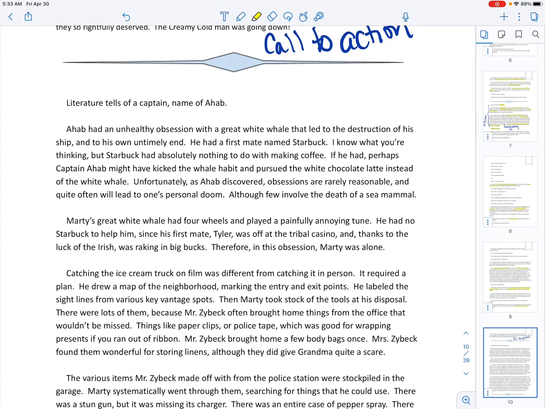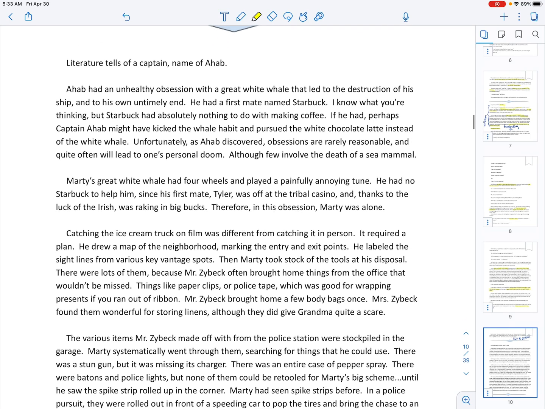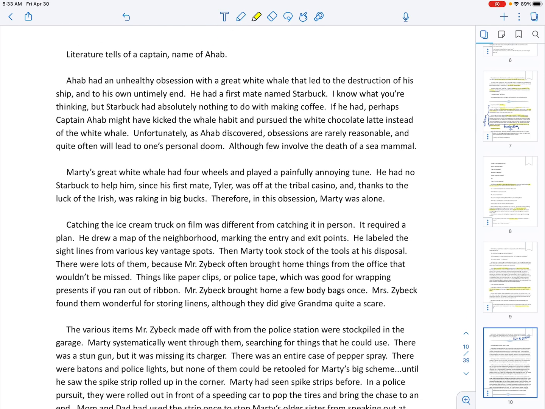Our blue section marks off a new area, and so we have another illusion. Literature tells of a captain named Ahab. Ahab had an unhealthy obsession with a great white whale that led to the destruction of his ship and his own untimely end. He had a first mate named Starbuck.